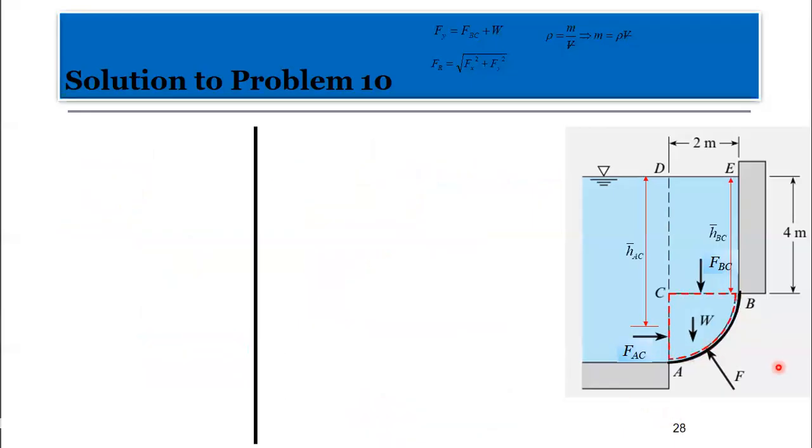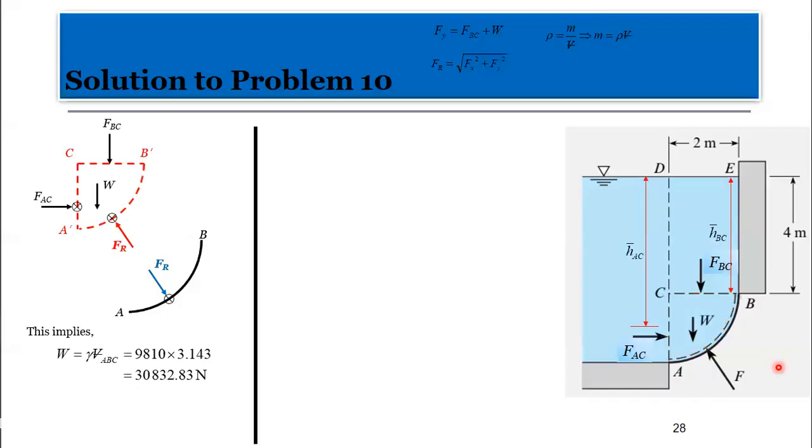Now, we just go on. And now that we know my volume, this implies that my weight can be easily obtained as the specific weight of the fluid multiplied by the volume. And that has been established as 30,832.83 newtons. So that's my Fy, the summation is simply FBC plus W, which is equal to that.